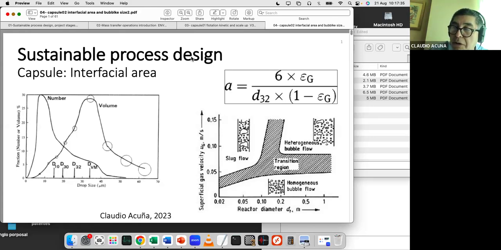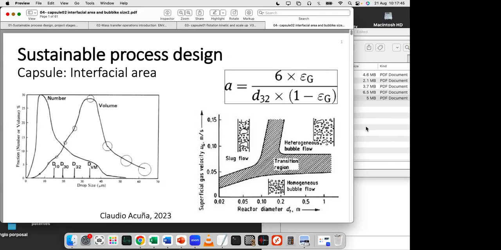We have more topics. We haven't spoken about solvent extraction and adsorption. Do you have a specific interest? I don't know, but maybe the first one, process design, and also the flotation kinetics.